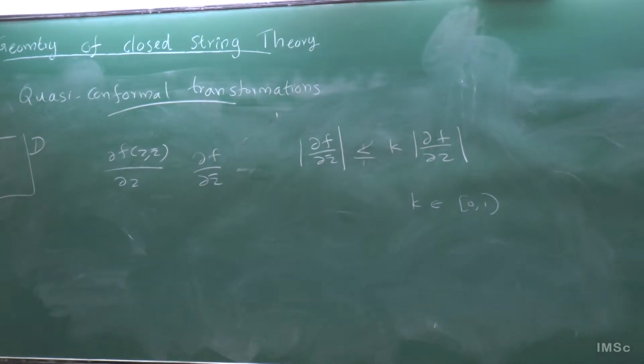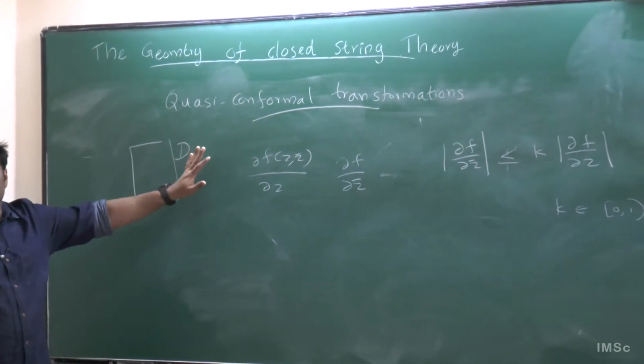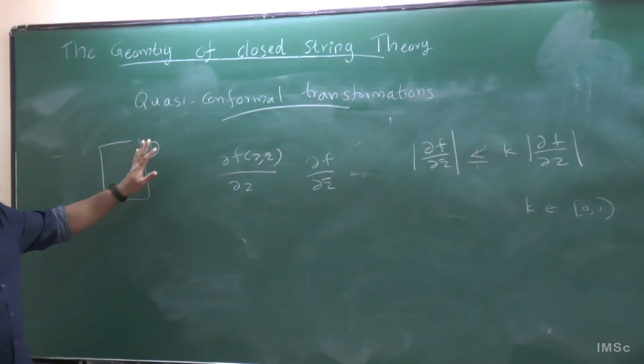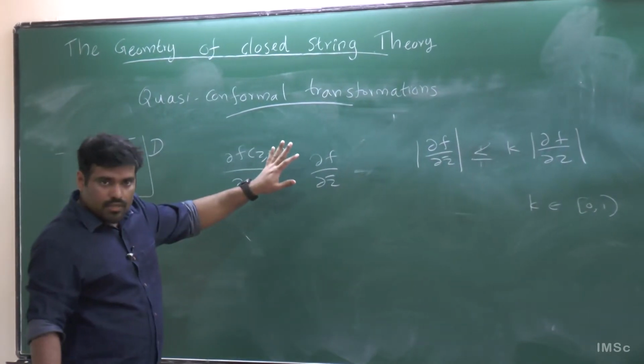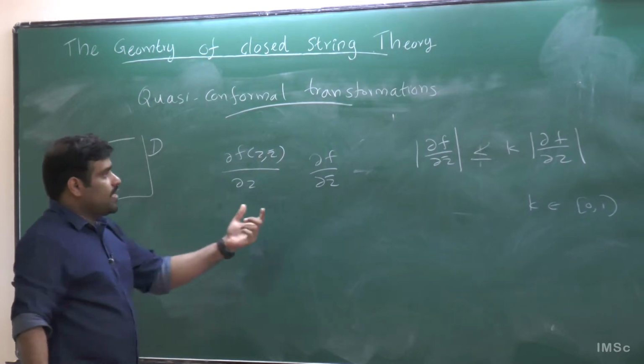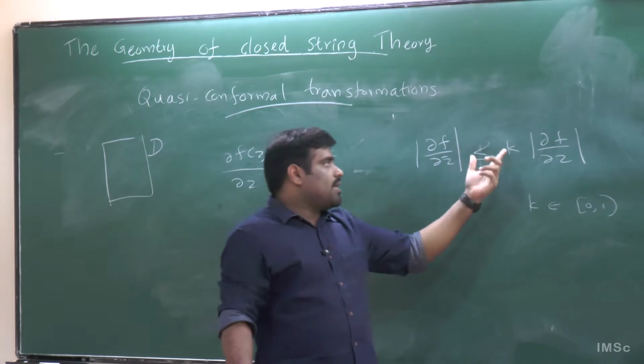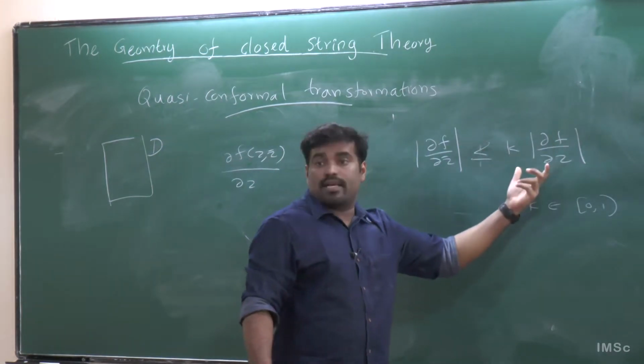Such a transformation that you perform on domain D is known as a quasi-conformal transformation. This is the definition. It can be a conformal transformation, or it may be a general transformation. But the condition is that the modulus of del f by del z bar should be less than the modulus of del f by del z.